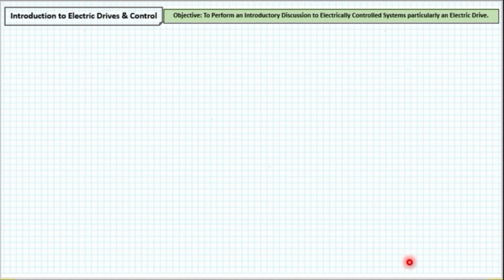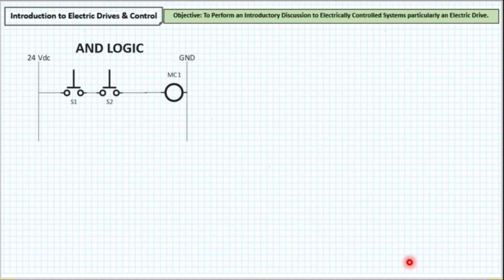Okay, so we have to discuss AND logic. AND logic can be done if we use two different switches and put them in series. So gumagana lang siya kapag pinindot yung parehas na S1 and S2.